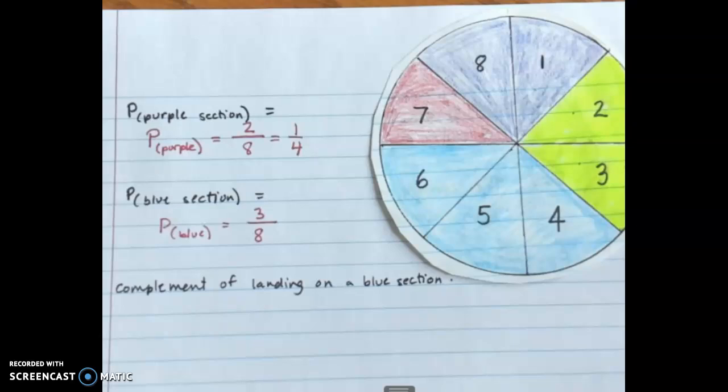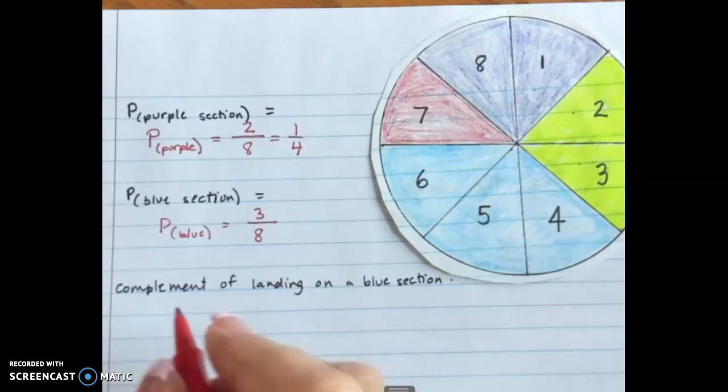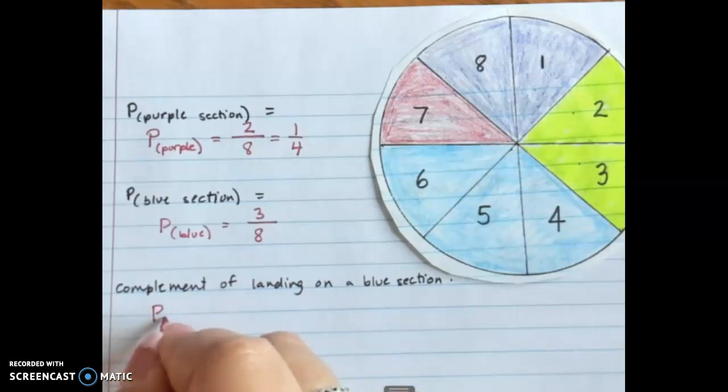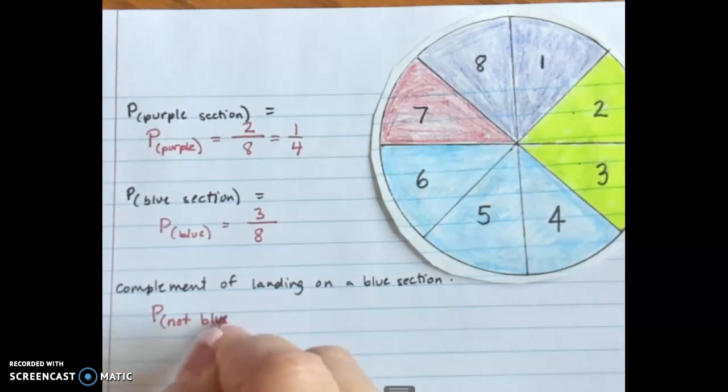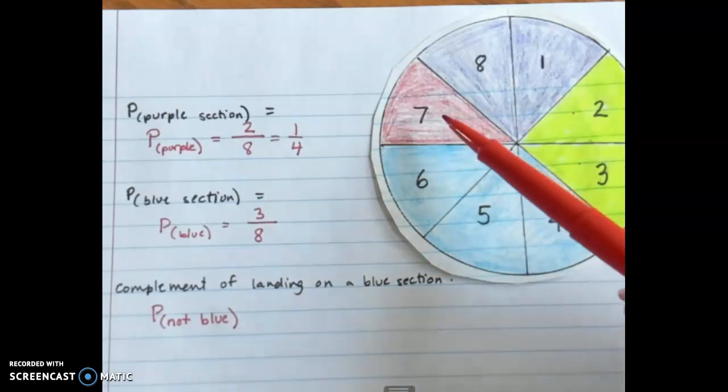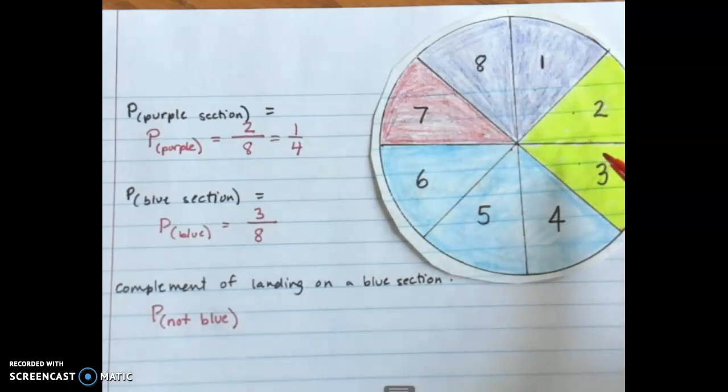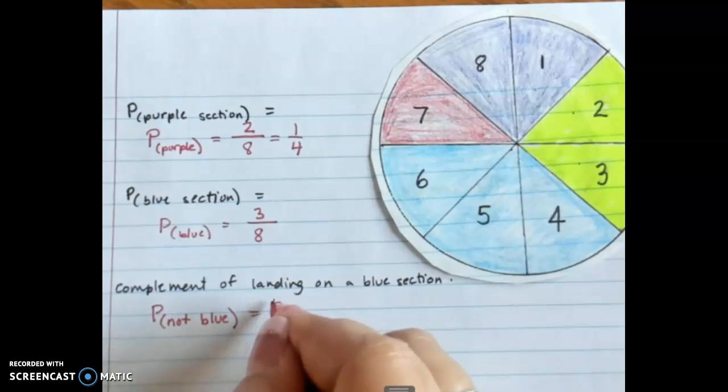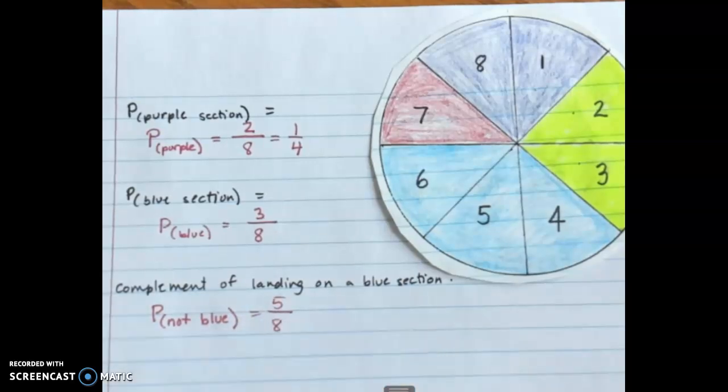Now, the complement. Remember that the complement of landing on a blue section is going to be the probability of not landing on blue. It looks like there are 1, 2, 3, 4, 5 sections that are not blue out of 8 sections altogether. But earlier we talked about the fact that the complement can be found by calculating 1 minus the probability of the event.